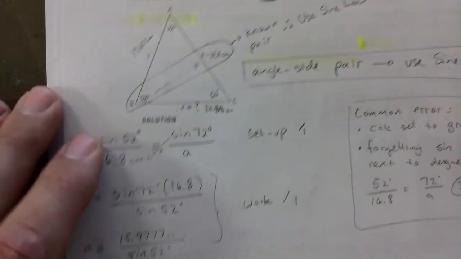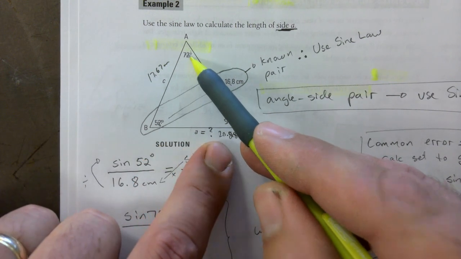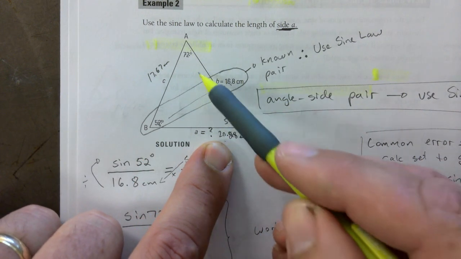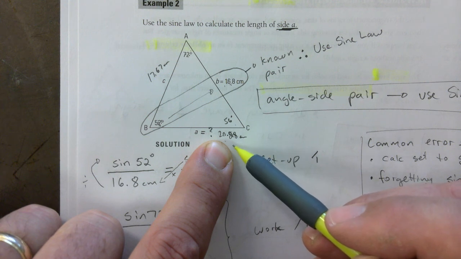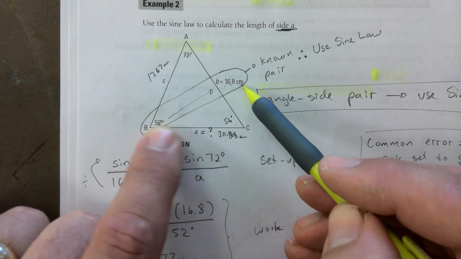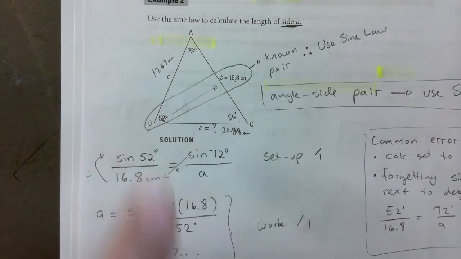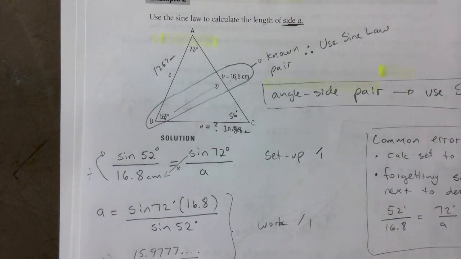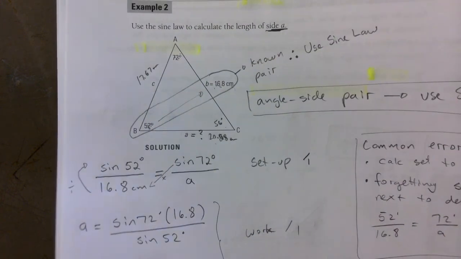So let me go back here and just check. I'm going to look for the largest angle, which is this one, and check if it has the longest side across from it, and yes, it does, right? 20.28 is the longest side, and the shortest side has the smallest angle across from it, right? So you got, and obviously the one in the middle is the one that is left, right? So keep in mind that that's very important to double check. Don't just blindly trust your answers, okay?